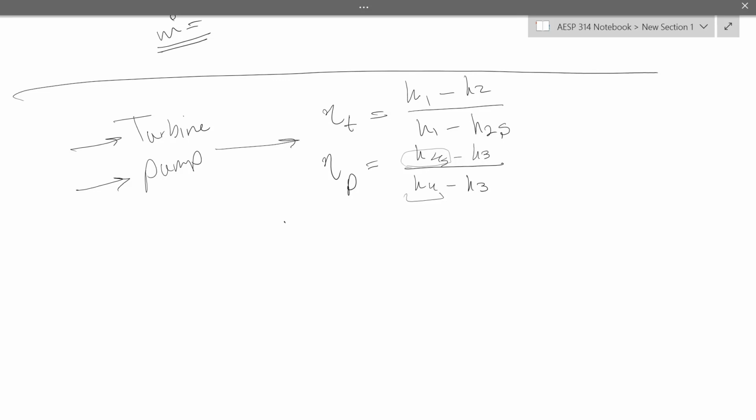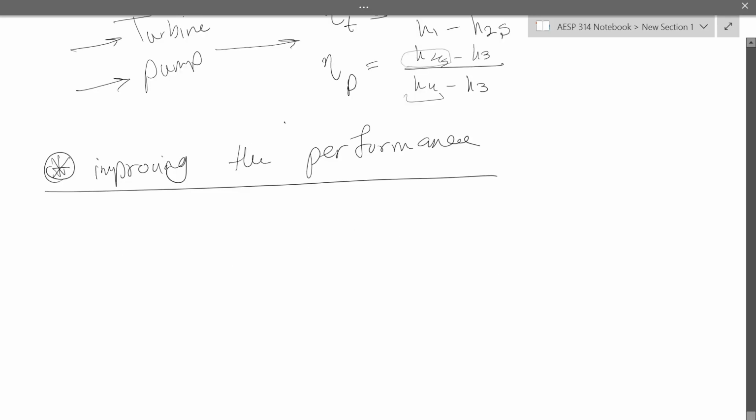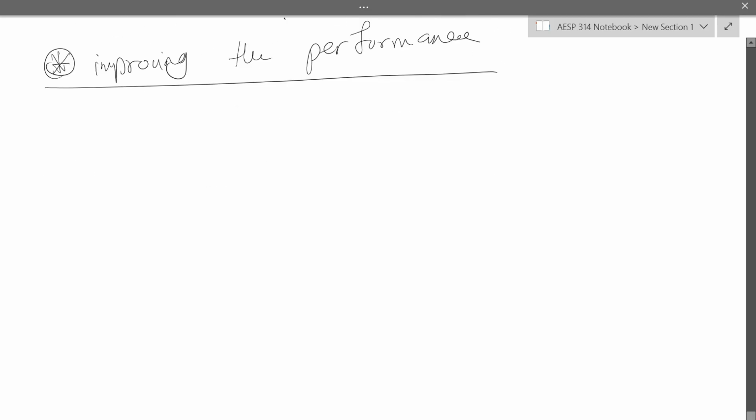But before working on that example, I just want to mention some things about improving the performance. I'm not going to go into that much detail, and you are not going to see these types of calculations in an exam or homework, mainly because it is more thermodynamics focused than propulsion focused. But you should know this.